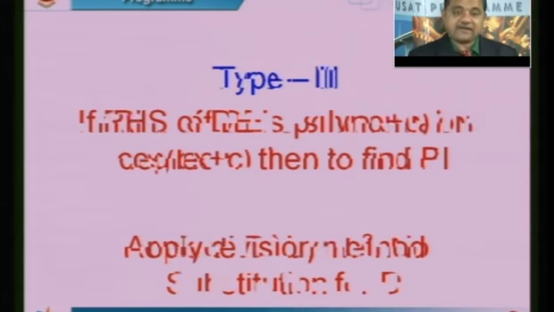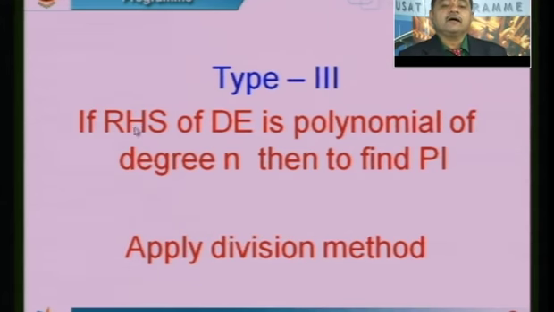Coming to type 3, if the RHS is a polynomial of degree n, then to find the particular integral we apply the division method. So these 3 types are very important to do type 4 and type 5.